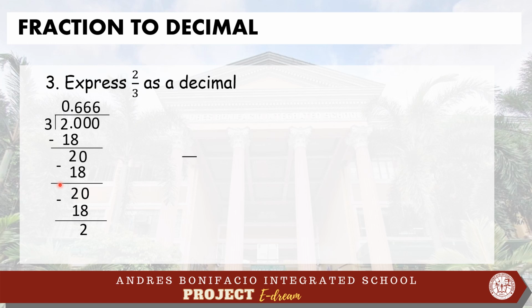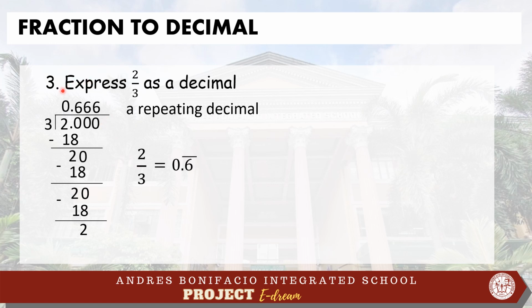So if you notice, class, that the solution keeps on repeating. So we can say that the quotient is a repeating decimal. 0.666 is a repeating decimal. So therefore, 2/3 is equal to 0.6.